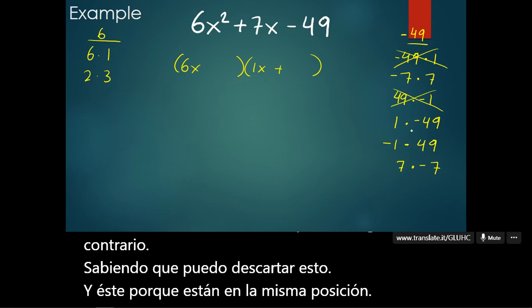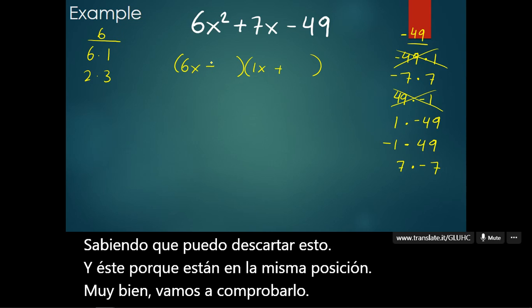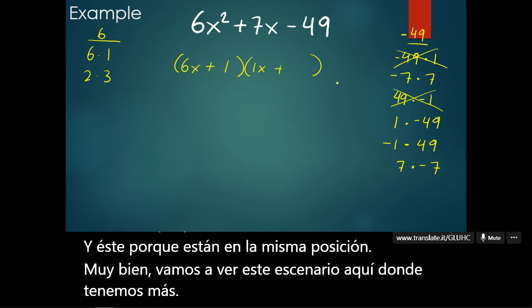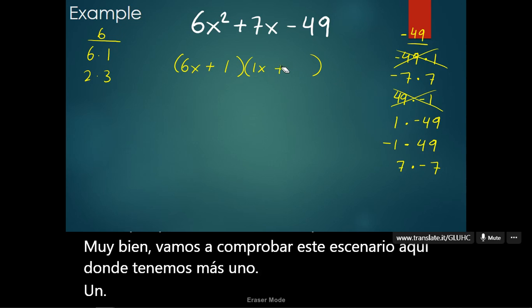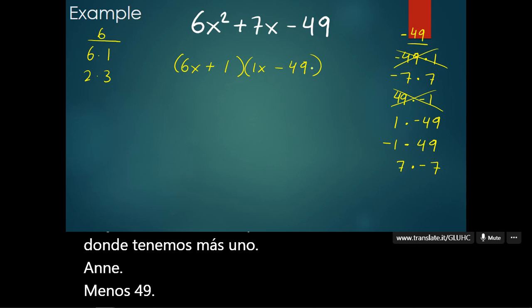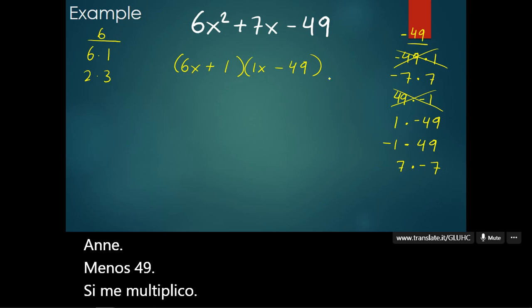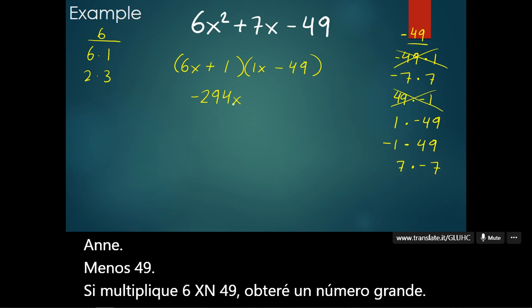Now let's check this scenario here where we have plus 1 and minus 49. If I multiply 6x and 49, I get some big number, right? 294 negative x.